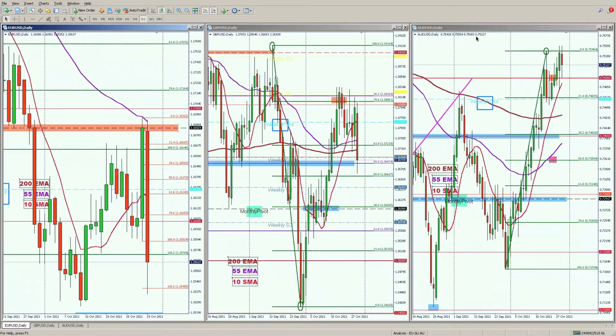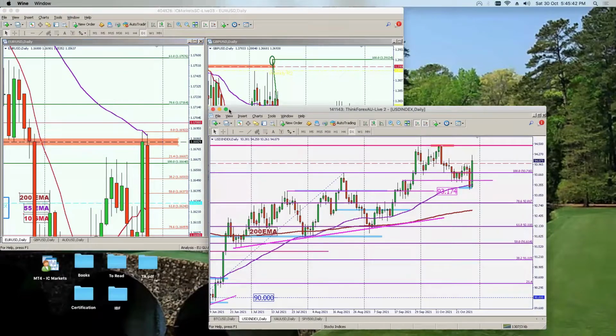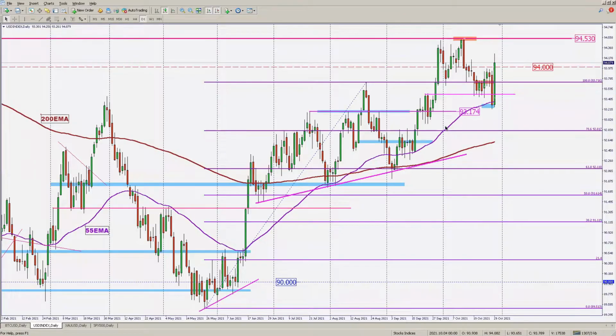Now let's take a look at the US dollar index, DXY, to see how it performed last week, as it was trying to fight through this intermediate resistance. It easily broke through, but then dropped on the Thursday, and on the Friday, it made a strong move back up.